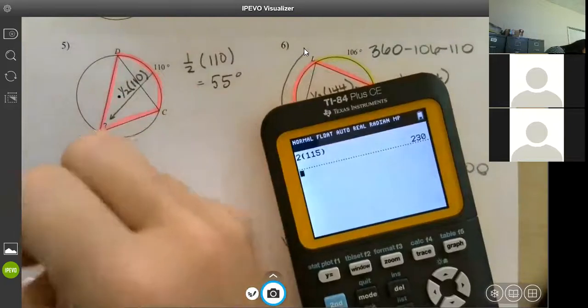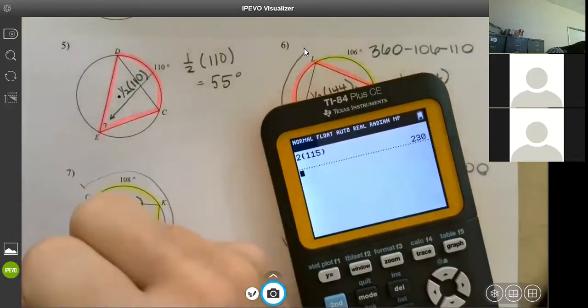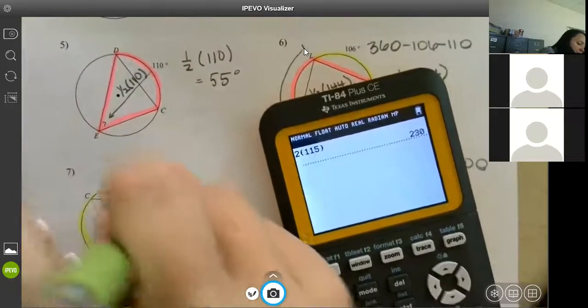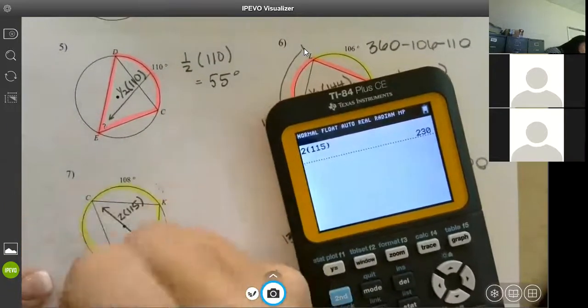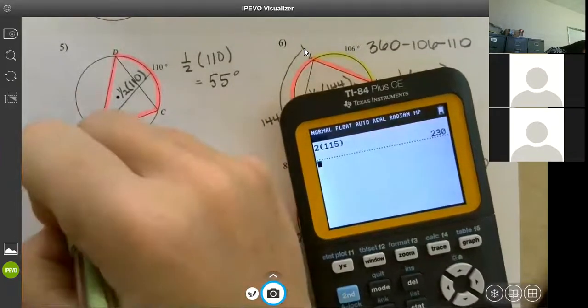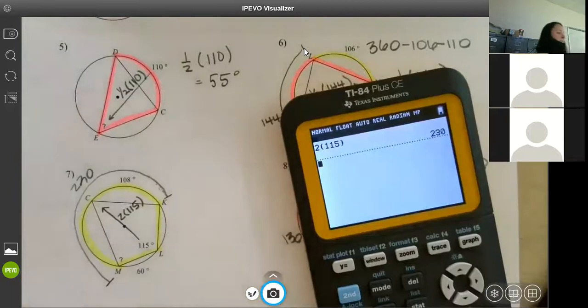So this whole arc from here, I'm going to erase this for a second so I don't confuse you, okay? That's the one I'm looking for. All the way around is 230. You good? What can I find knowing that?